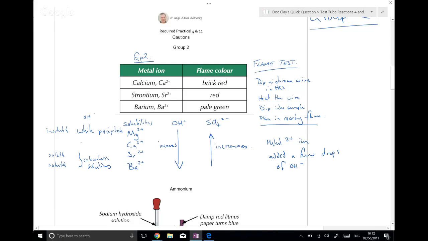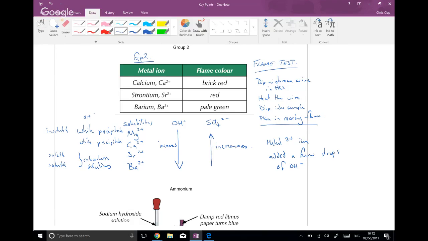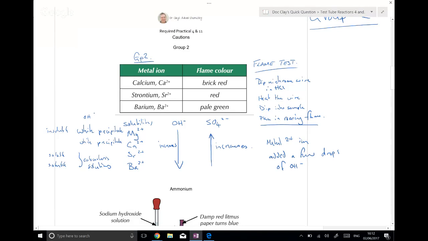The calcium hydroxide forms a white precipitate again, indicating that you would have the calcium hydroxide. The complete opposite is true for your sulfates. I'm not going to write that out again, but if you had your sulfates, this whole process would be completely reversed.